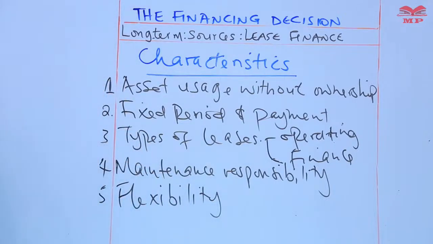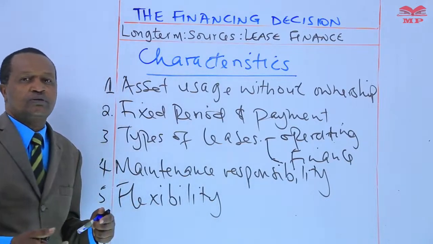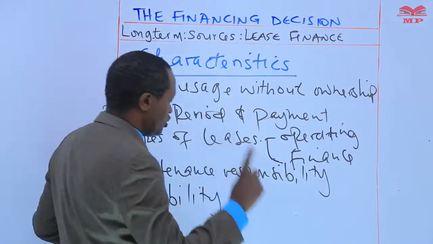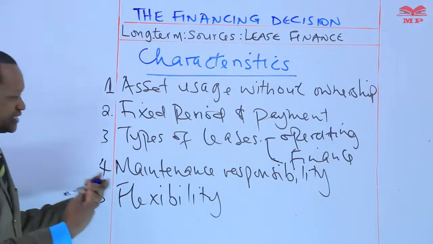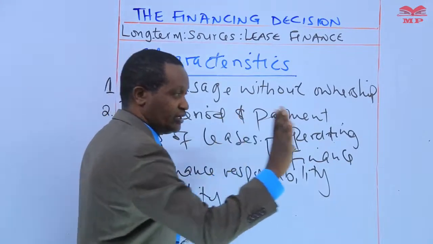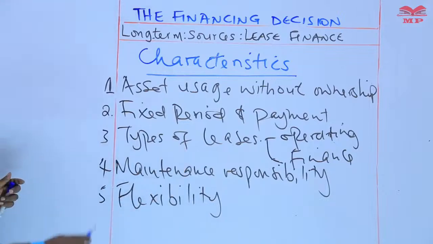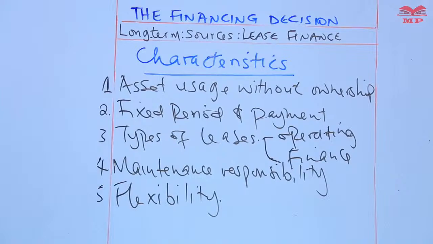That is particularly beneficial for companies with budget constraints. Companies are able to have access to assets without necessarily having to pay large sums of amounts upfront. So these are five characteristics.